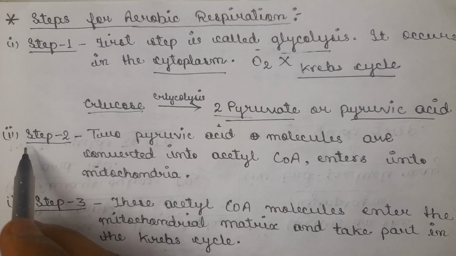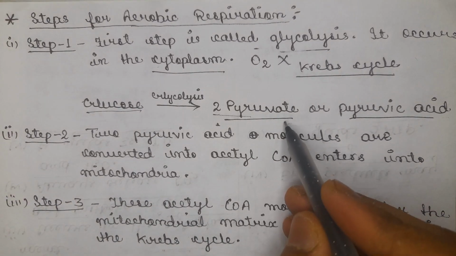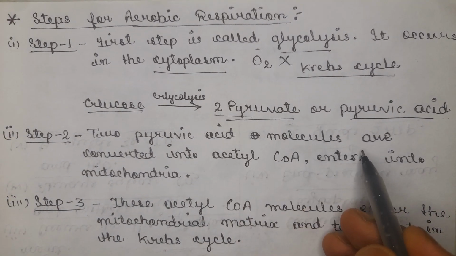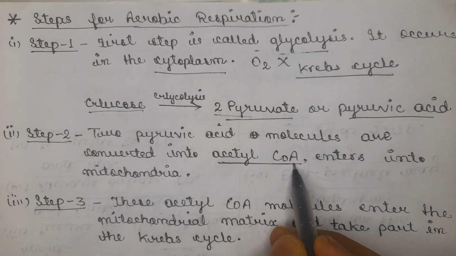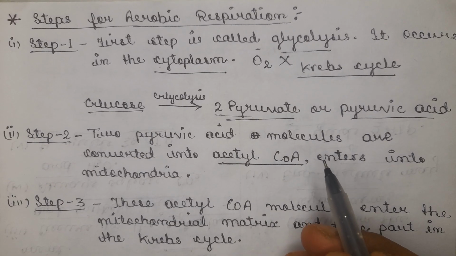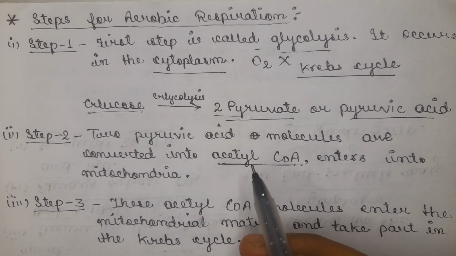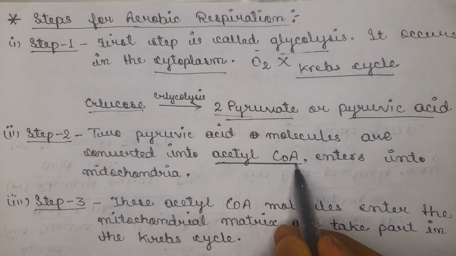In the next step, we will see that these 2 pyruvate or pyruvic acid molecules are then converted into acetyl CoA. Acetyl CoA can also be formed from lipids or proteins, which are converted into fatty acids and then at last converted into acetyl CoA.